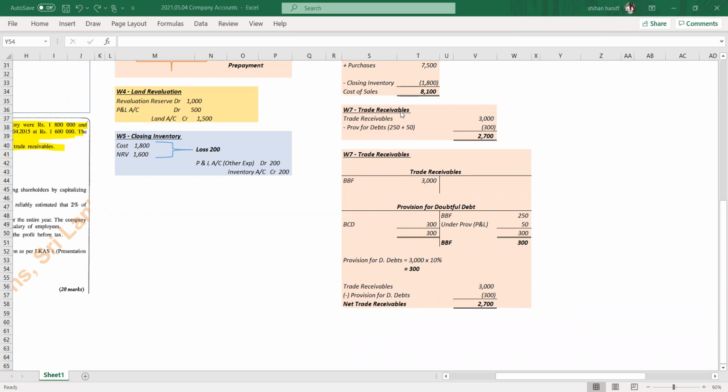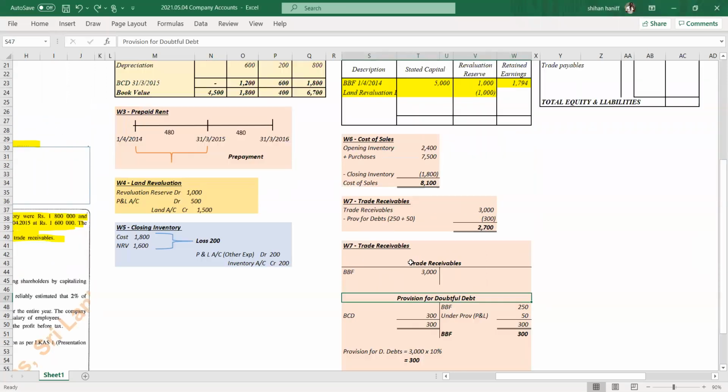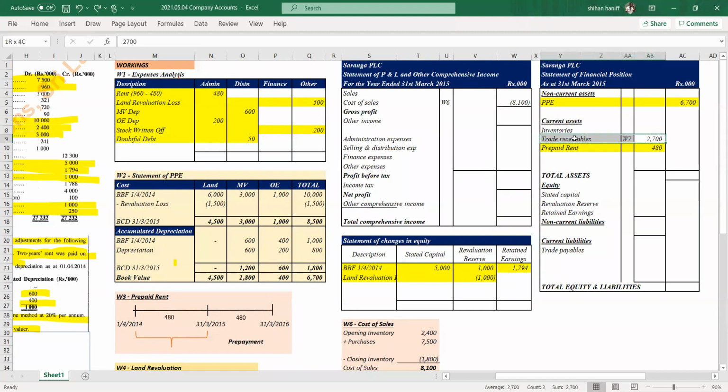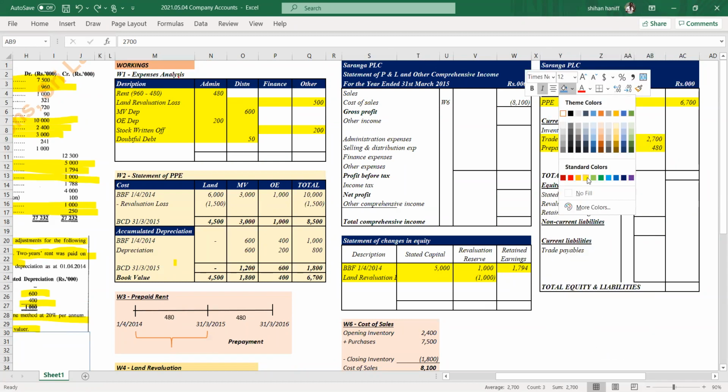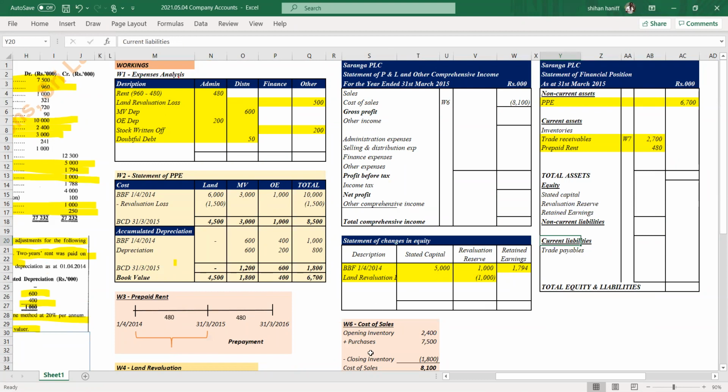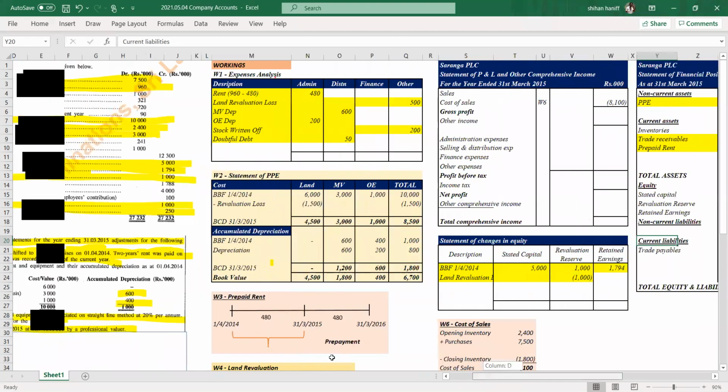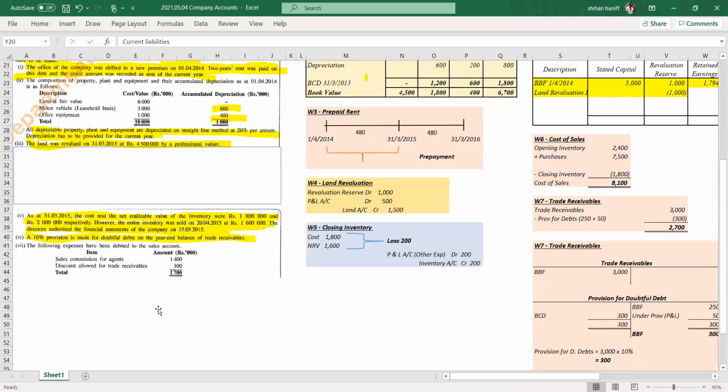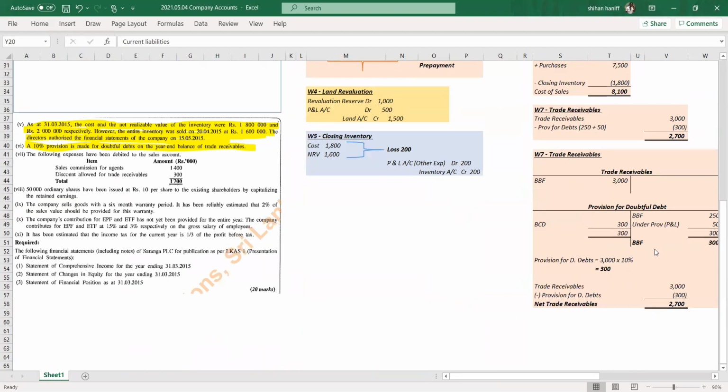So that is about trade receivables and provision for doubtful debt. So net trade receivables 2.7 million. When the business receives the doubtful debts, the provision for doubtful debts will be closed.